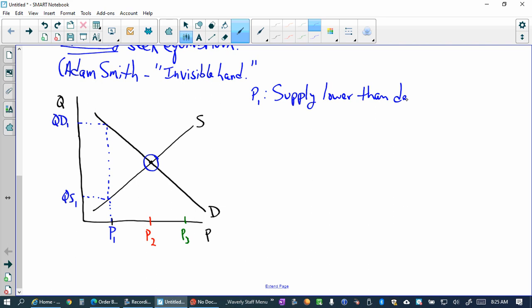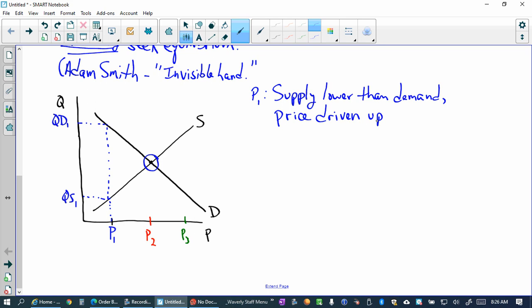So the demand is higher, in other words. The price would be driven up towards equilibrium. It's always going to be driven in the direction of equilibrium, wherever it is.